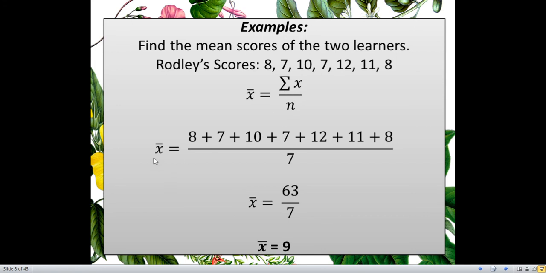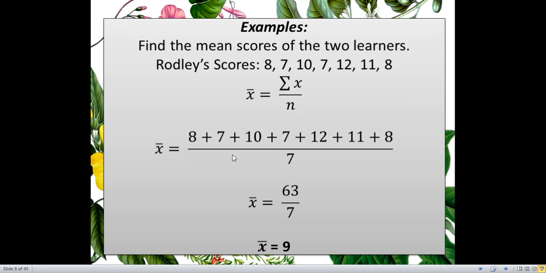To substitute, we have mean equals, our summation of x is the data, so we need to add all of it. So we have 8 plus 7 plus 10 plus 7 plus 12 plus 11 plus 8. And the n is how many data we have. So we have 1, 2, 3, 4, 5, 6, 7 data.